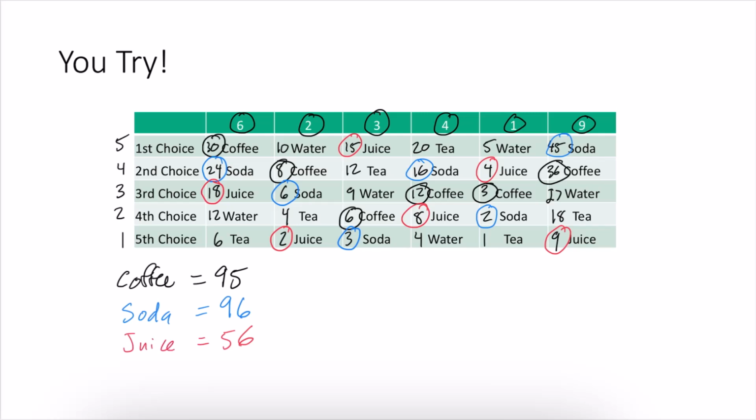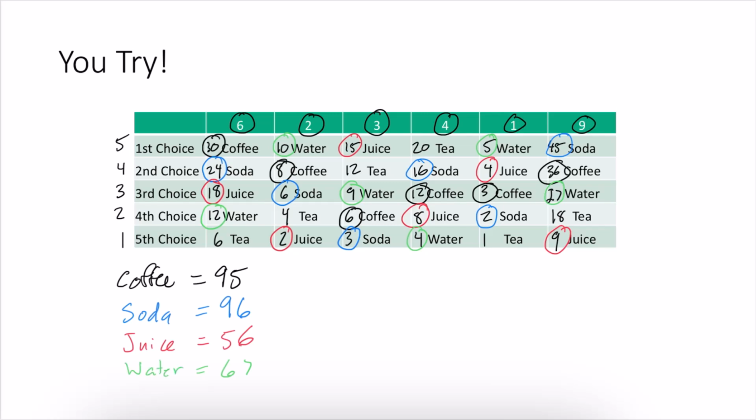And then for water, we'll have 12 plus 10 plus 9 plus 4 plus 5 plus 27. And when I add those up, I get a weighted count of 67 for water.